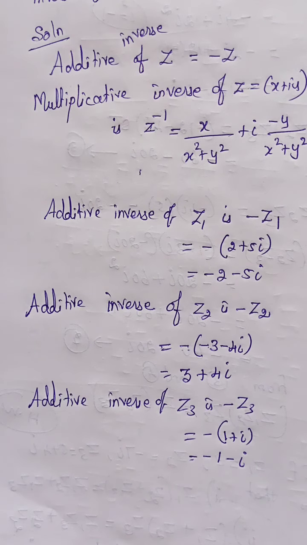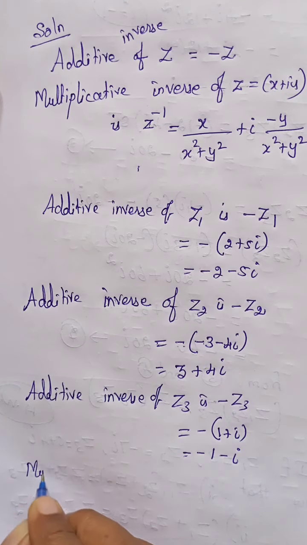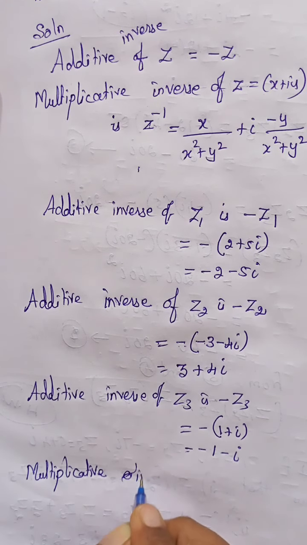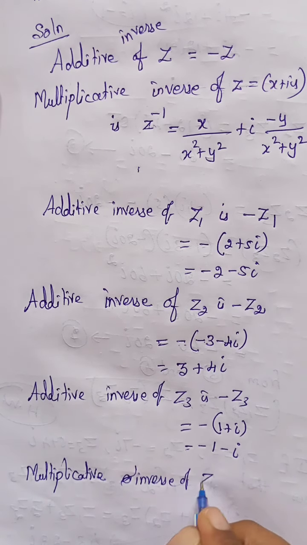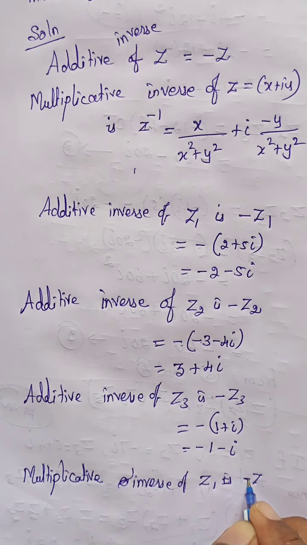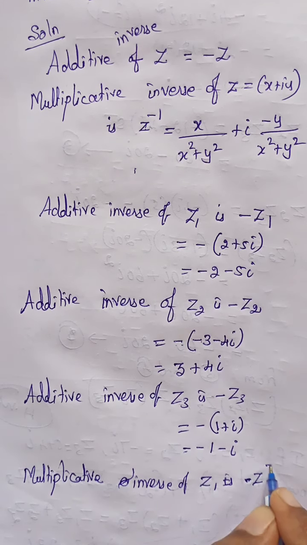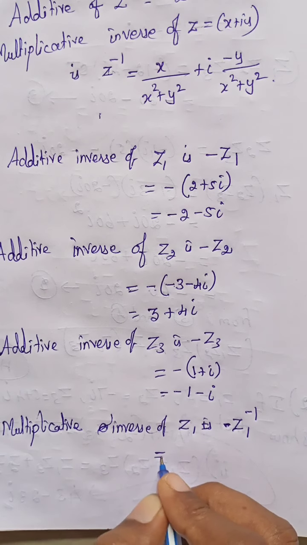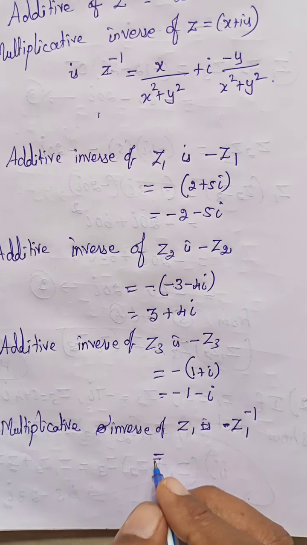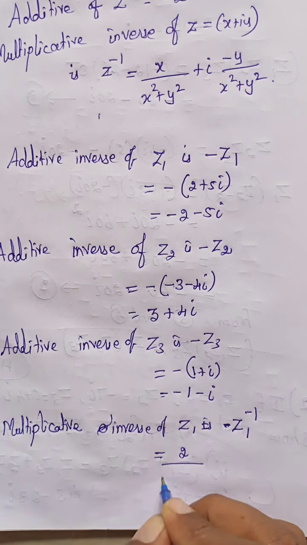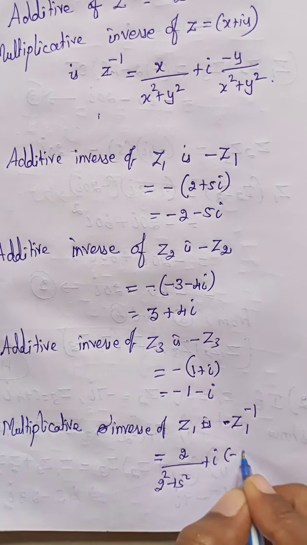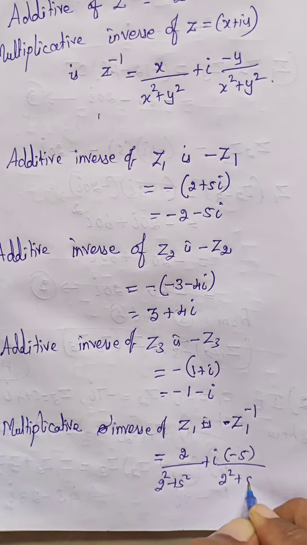Now we have to find the multiplicative inverse. See, the multiplicative inverse of Z1 is Z1 inverse, which is equal to, we have the formula, x1 the value is 2 plus 5i, isn't it? So we may get 2 by 2 square plus 5 square plus i into minus 5 by 2 square plus 5 square.